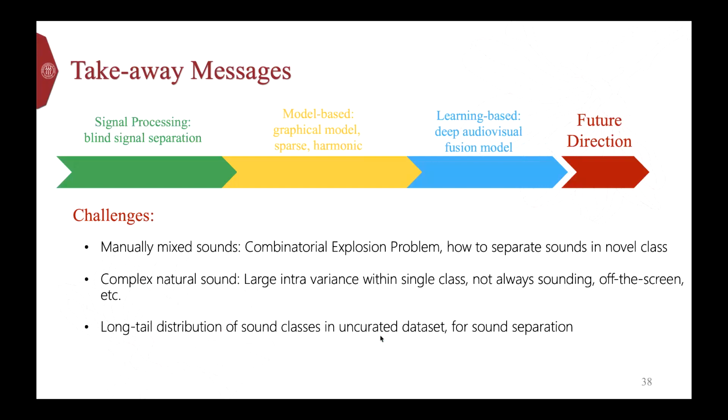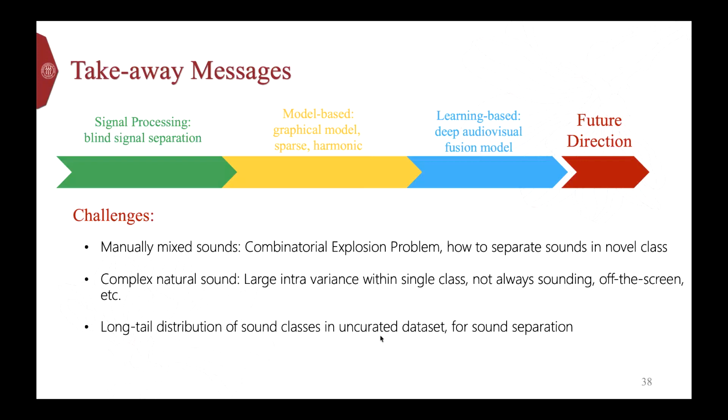The second one is complex natural sound. For natural sounds, there is large intra-class variance within each single class. The object is also not always sounding, such as in the baby drumming video example.